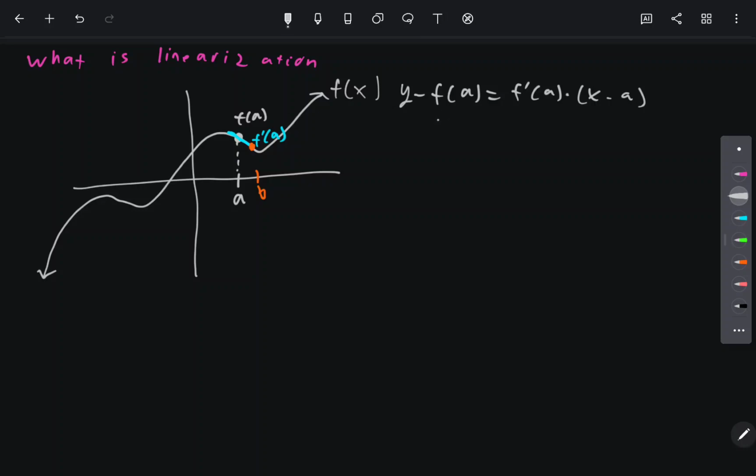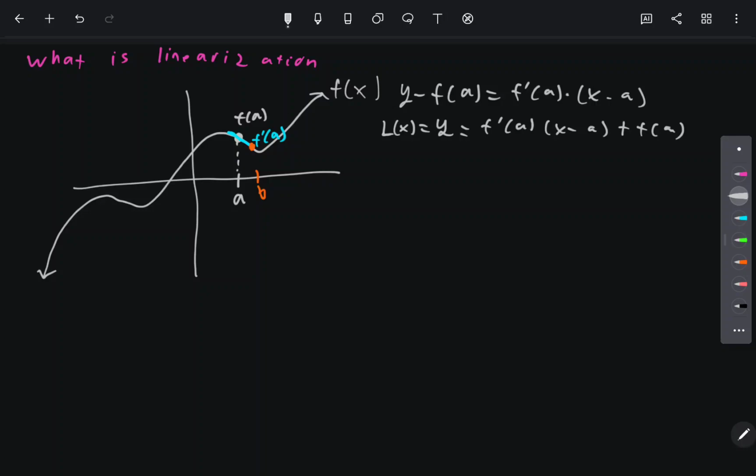Now we need to solve for y, so we can get this in function notation. So y is equal to f prime of a times x minus a plus f of a. This right here is called the linearization of the function at point a.